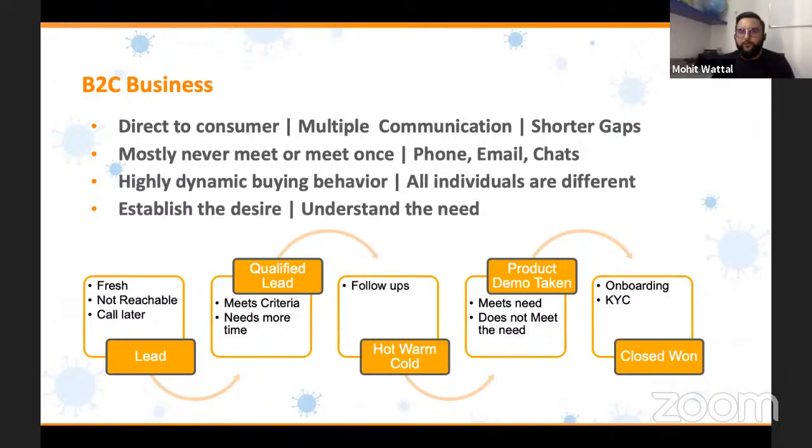So for somebody to do an MBA, there is a qualification criteria. Sunstone has a qualification criteria. You need to have 50% marks in your graduation. If you do not have 50% marks in your graduation, you are not qualified enough. A lot of people that come to the website don't have 50% in their graduation.